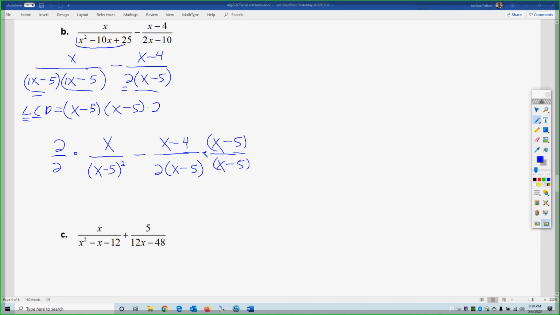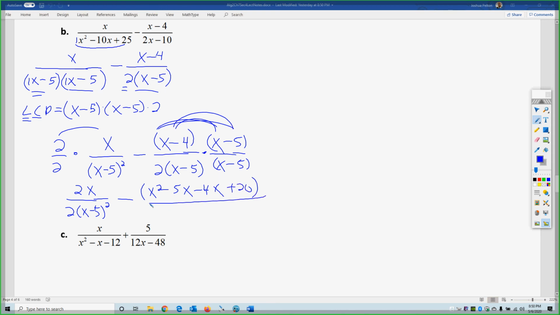Okay, so if we multiply through, we get 2x over 2 times x minus 5 squared, which is the common denominator, minus x squared minus 5x minus 4x plus 20 over 2 times x minus 5 squared, which I'll write shorthand again.